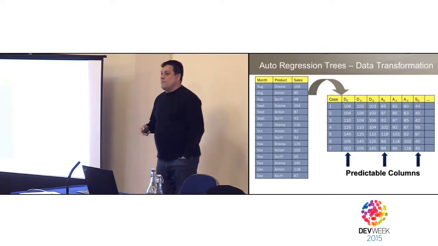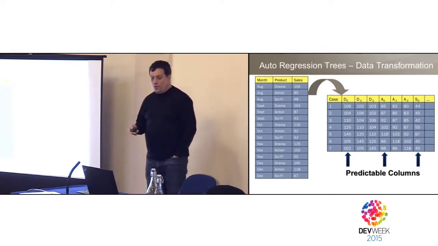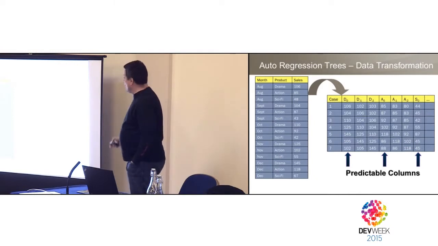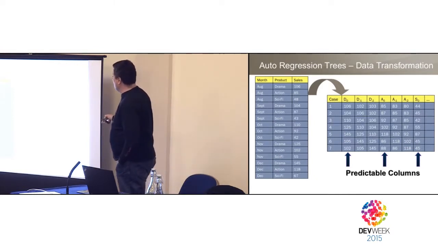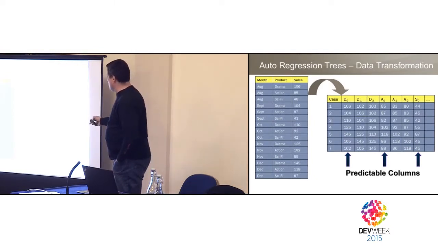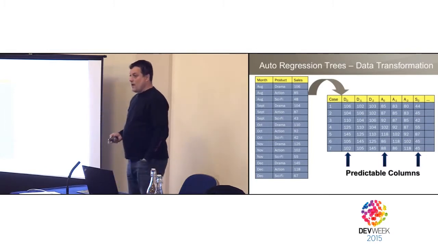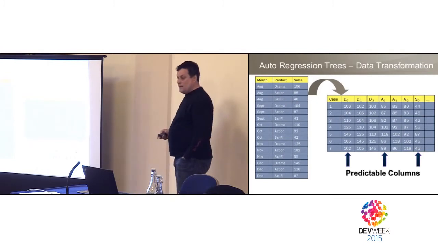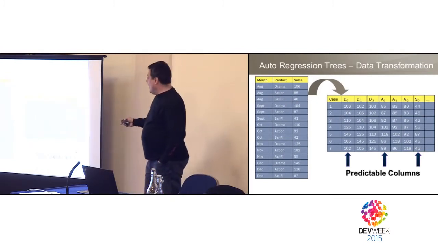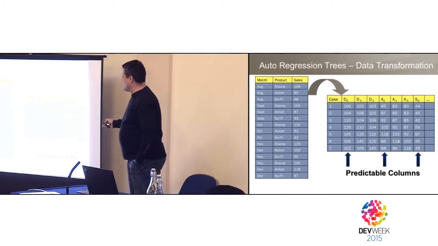Now, how do you prepare data for auto-regression trees when you have a regular data set like movie sales, drama movies in August, action in August, science fiction in August? So you kind of pivot this, right? You define the last time point as time point 0 for drama, and time point 0 for action, and time point 0 for science fiction.